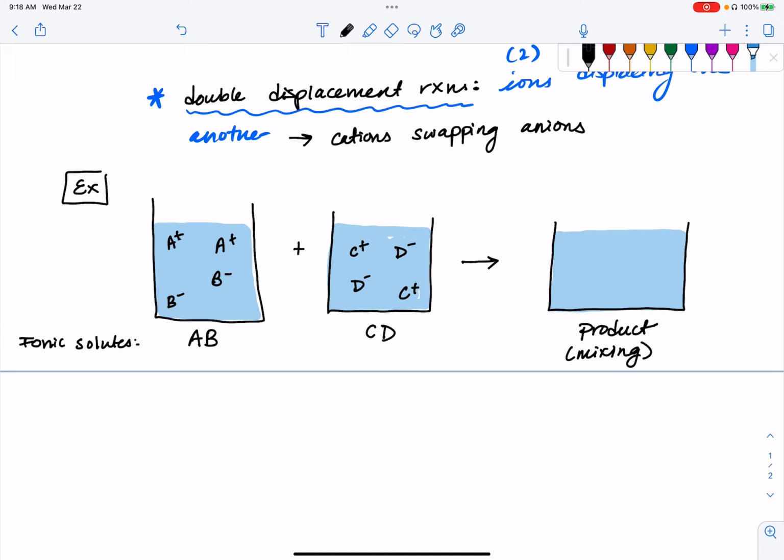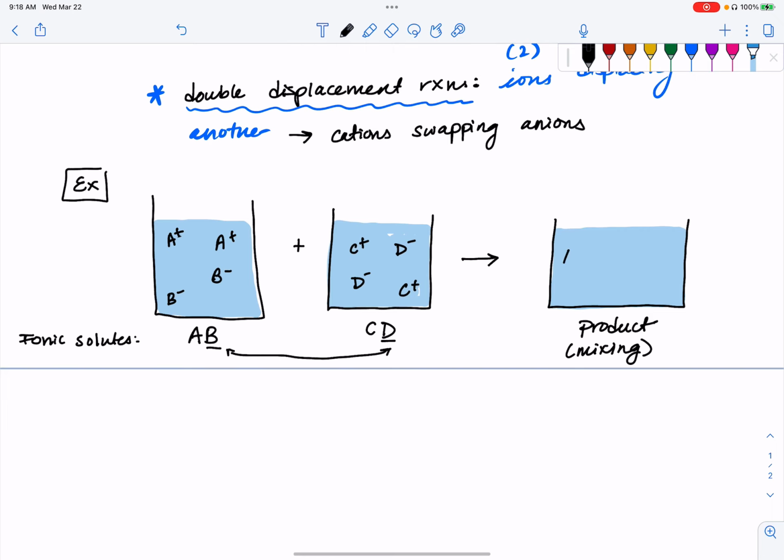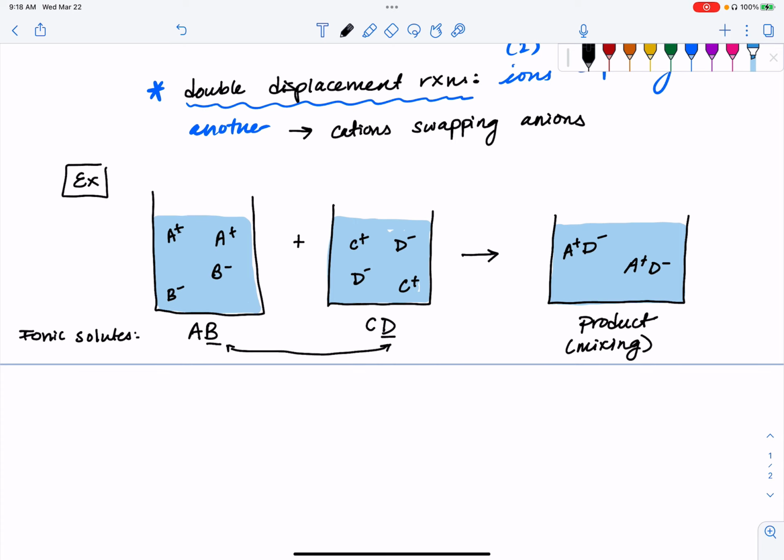So in my product beaker, I would be looking at potentially my B and D anions swapping with one another or displacing one another, meaning that I would maybe potentially have something with A plus and D minus if they do react, and then also something with C plus and B minus.